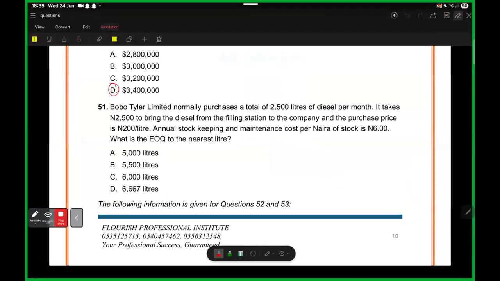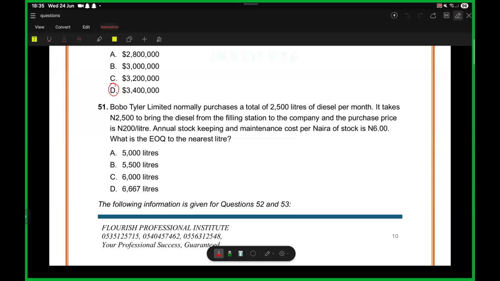I just need someone to volunteer to read the question for us and we will be solving. Can I get any person who will do the reading? Okay, so it means I have to read my own question.